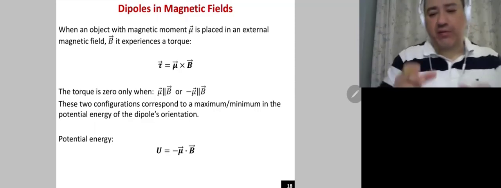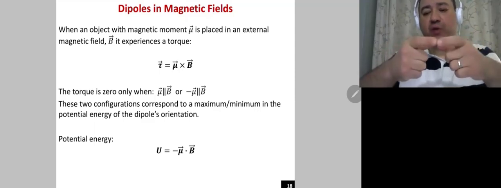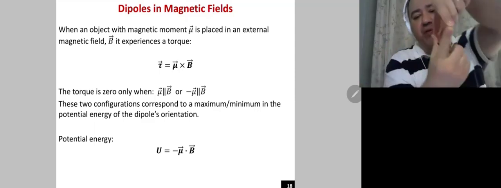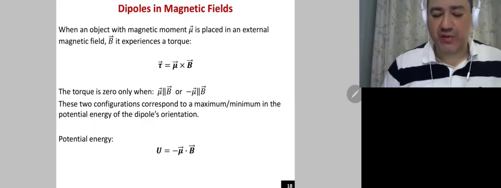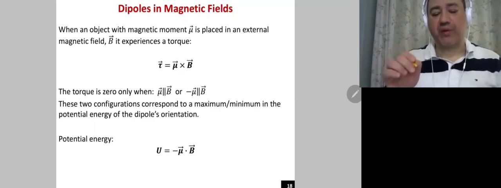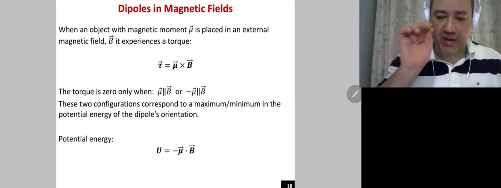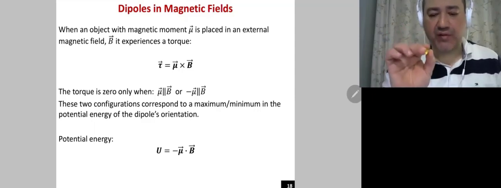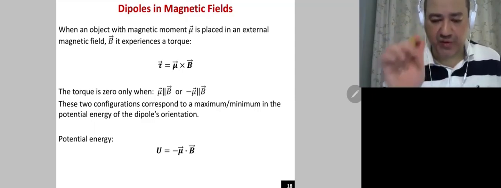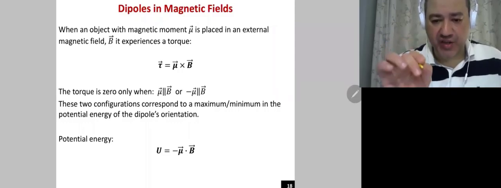If the loop is free to move, then this loop will flip all the way until it comes to the position where the magnetic dipole moment is aligning with the magnetic field. So if the magnetic dipole moment is parallel with the magnetic field, this is the position with the lowest potential energy.